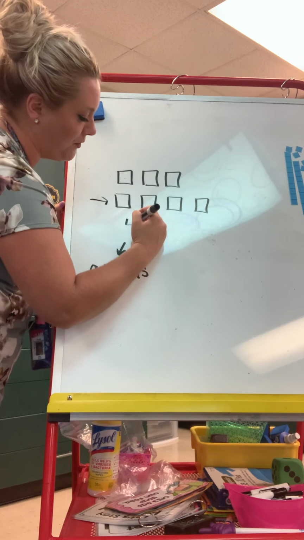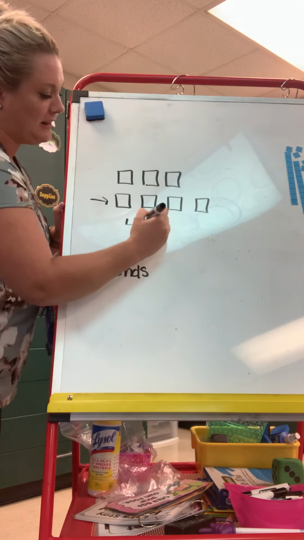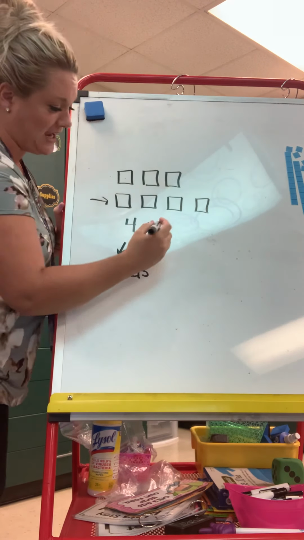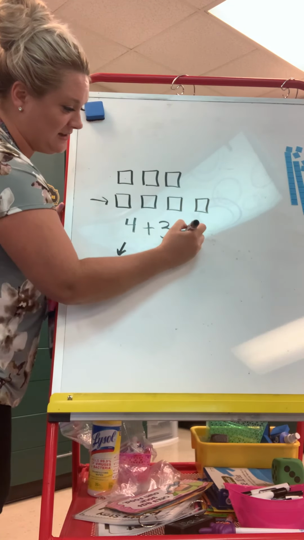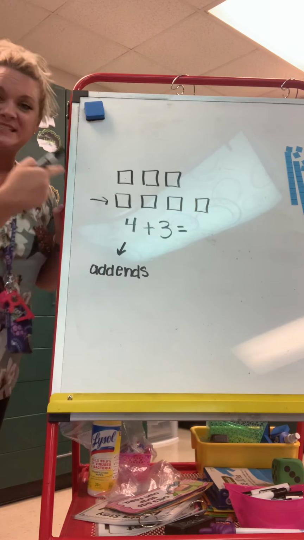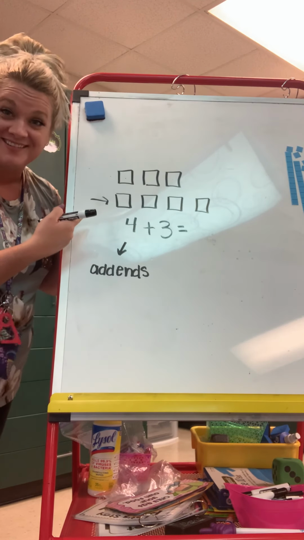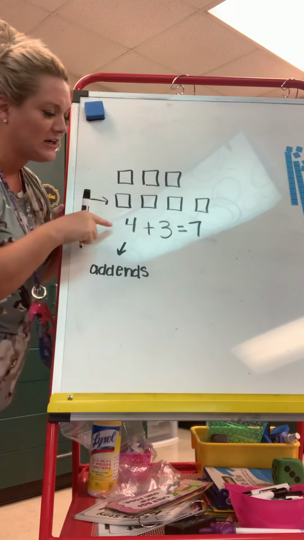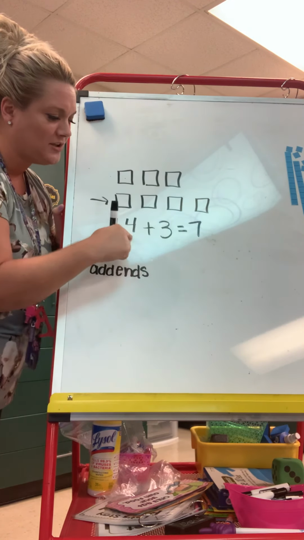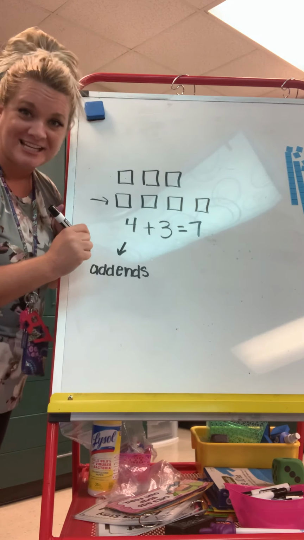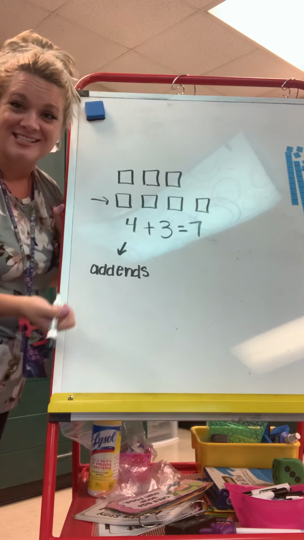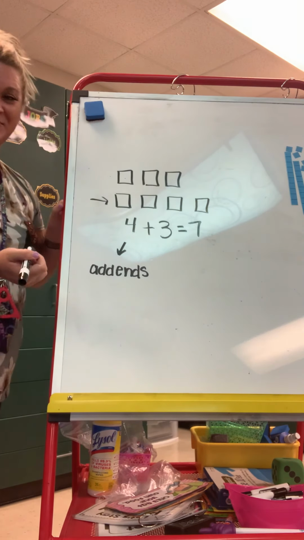So let's write 4 plus, how many did we have our first day? 3. Okay. Do we still have 7 acorns? We do, don't we? So it does not matter how you use your add-ins in your number sentence. You can flip-flop them around and you will still get the same answer, okay?